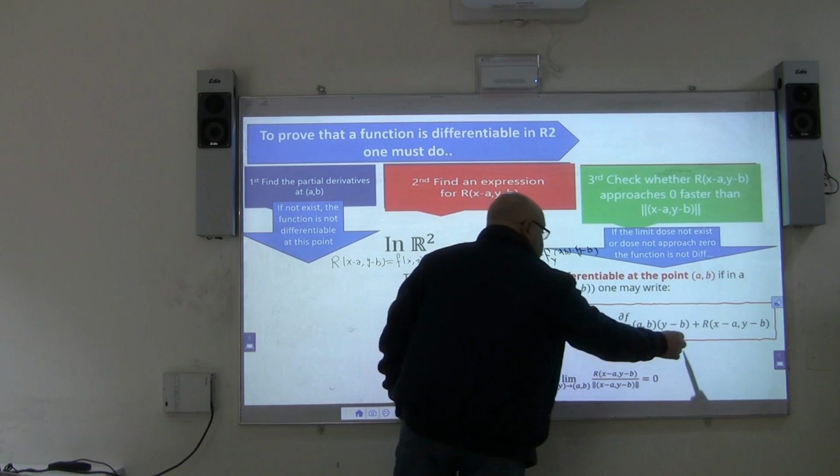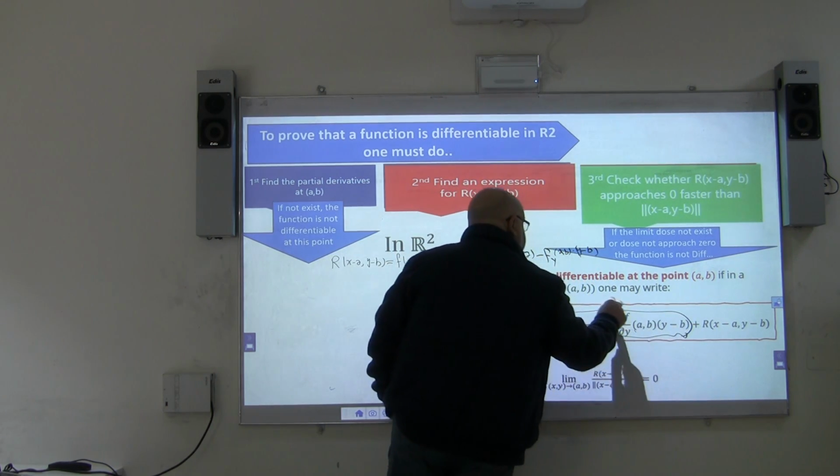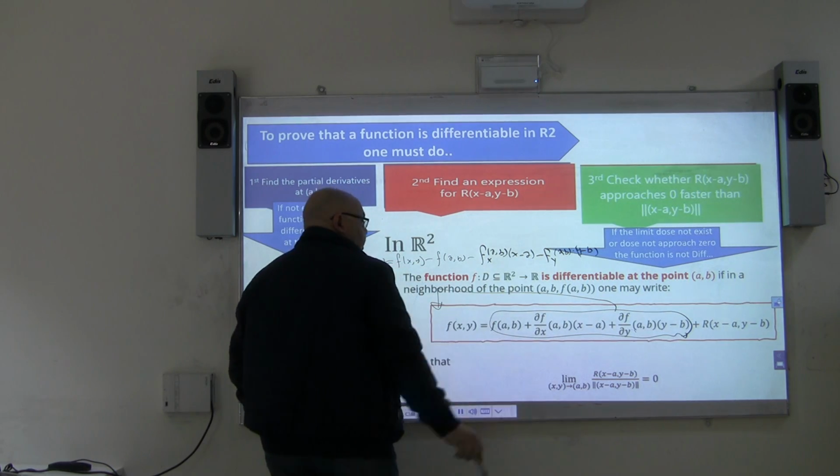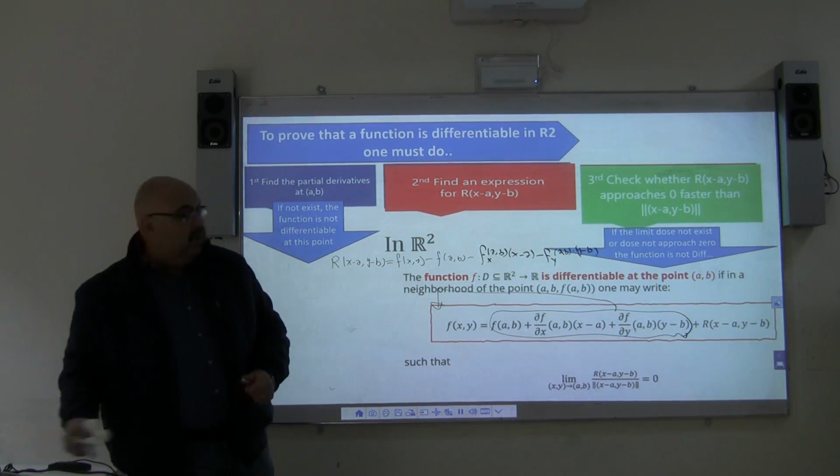So all I did is take all of these three terms and move them to the other side. That's how to evaluate the value of r.